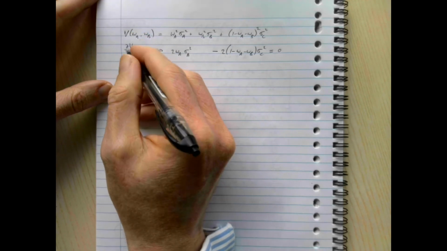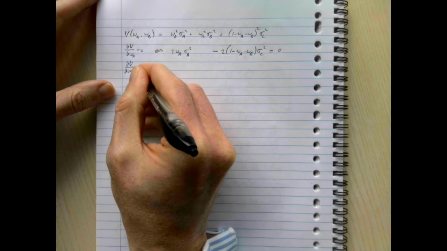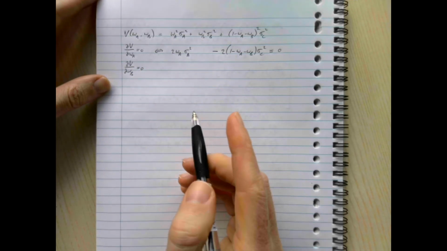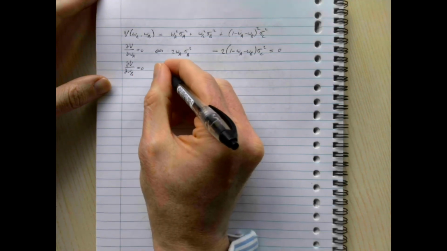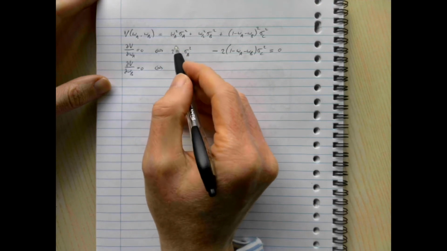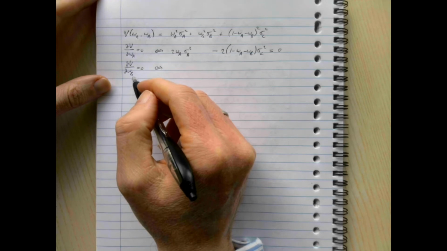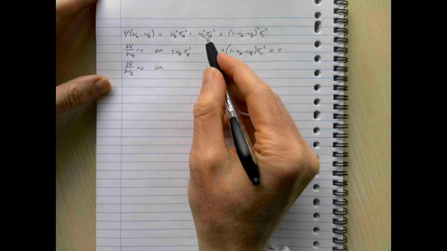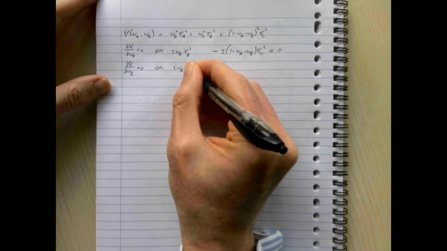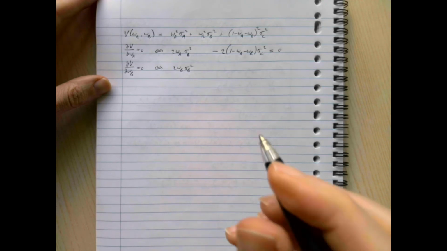Now, that's not the only one. We also have to satisfy at the same time the second first order condition, the one with respect to WB, almost the same, of course. The first term here does not depend on WB, it's just a constant. If we take the partial derivative with respect to WB, it vanishes. The second one does depend on WB, so it simply gives us this bit.